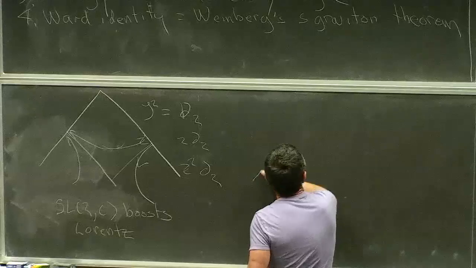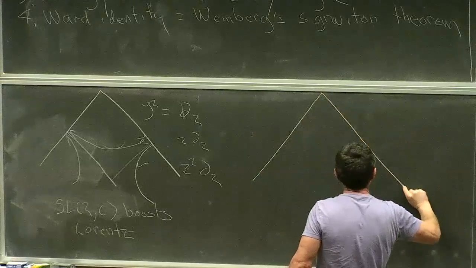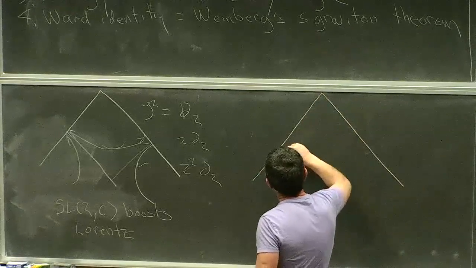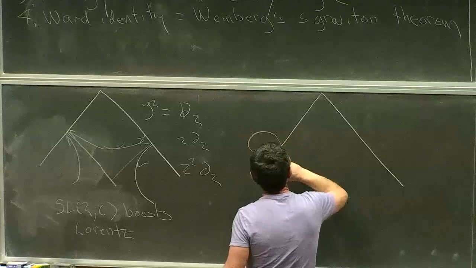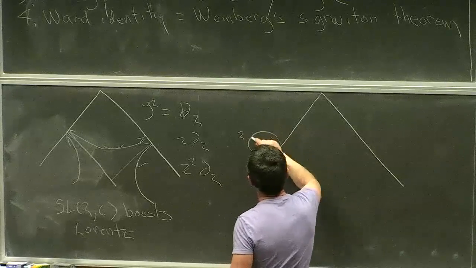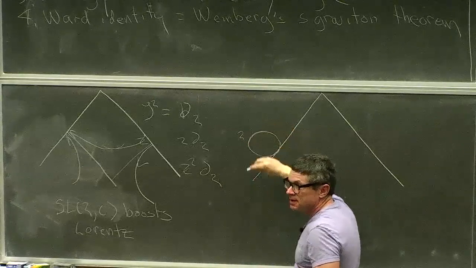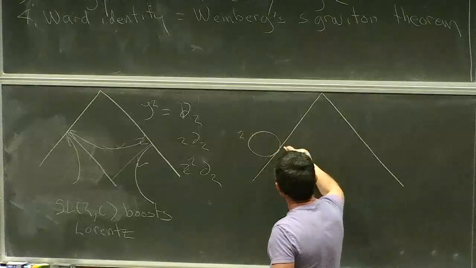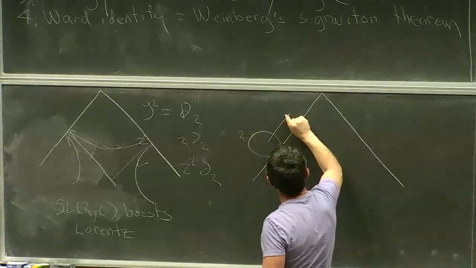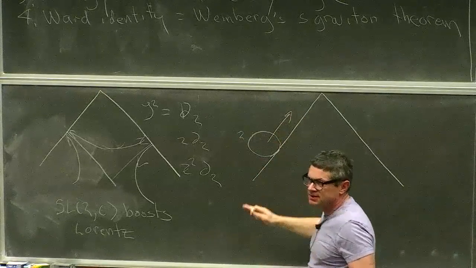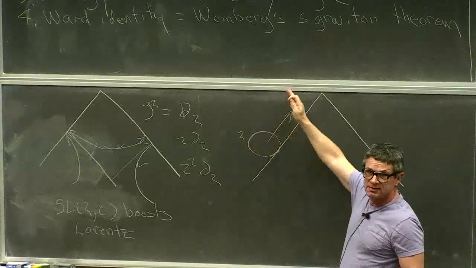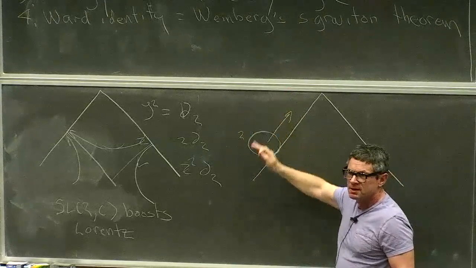Now, the more surprising part are the so-called supertranslations. And now I'm drawing the sphere sitting out here, labeled by z. And the supertranslations, of course, there's a symmetry which translates everything along Scri plus. That's just d by du.